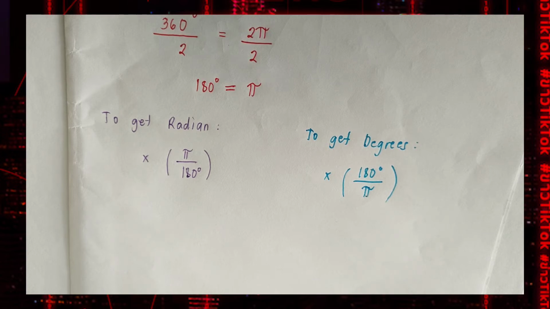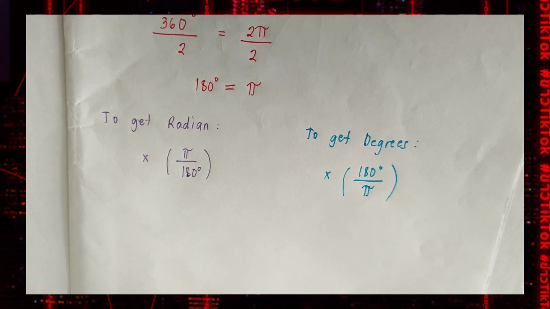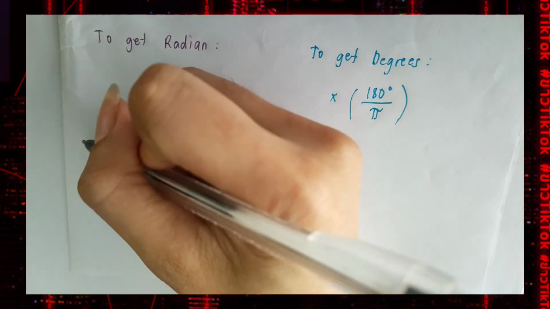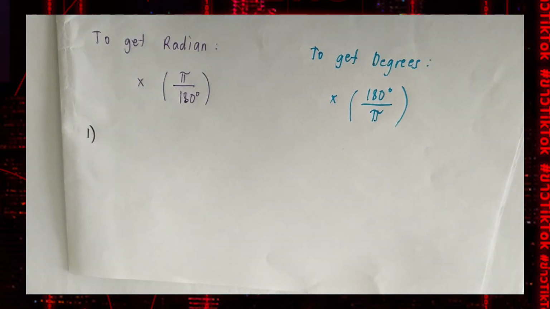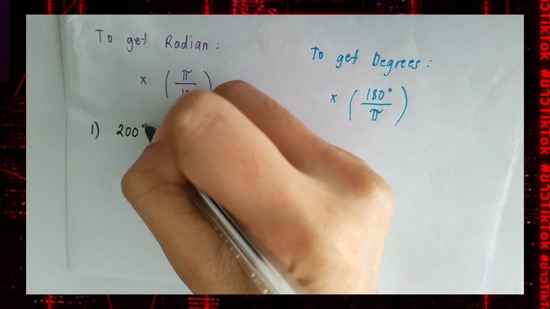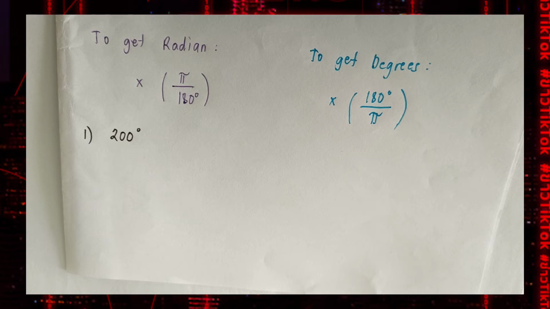Now let me show you some examples of how to convert from degrees to radians and radians to degrees. Let's say convert 200 degrees to radians.